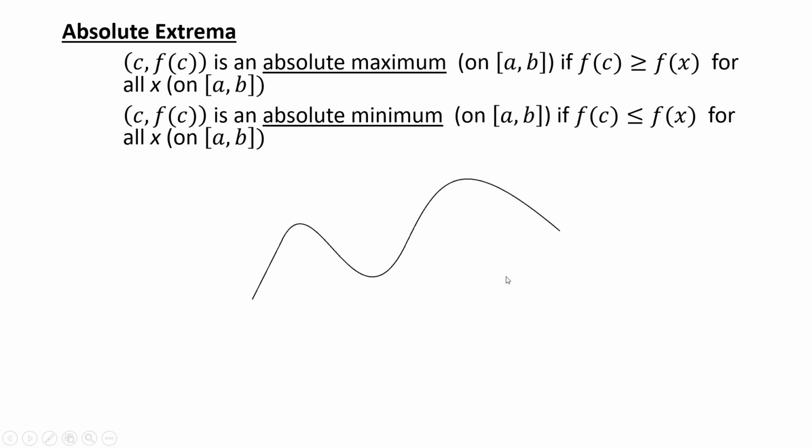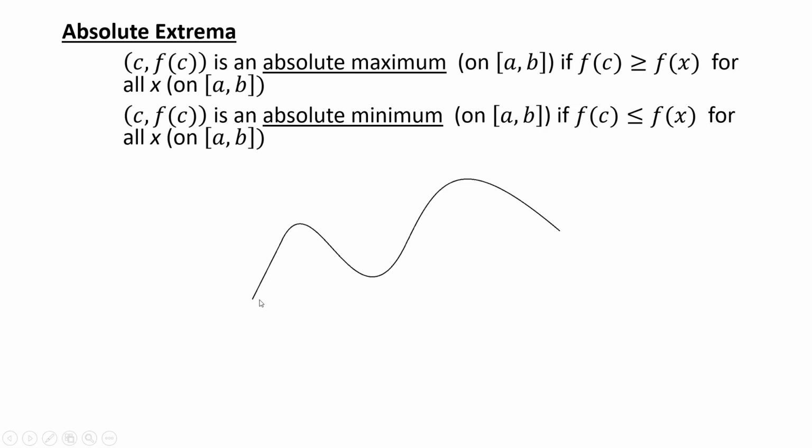The absolute maximum is the biggest value on the entire graph, which would be this here. Now this is a relative maximum, but it's not the absolute maximum because there's all these points here that are higher. So this is the absolute largest point on the graph, and the absolute smallest point, notice it's not this relative minimum because all these values are smaller.